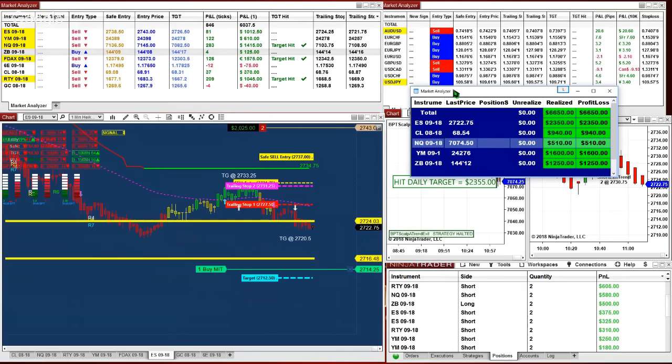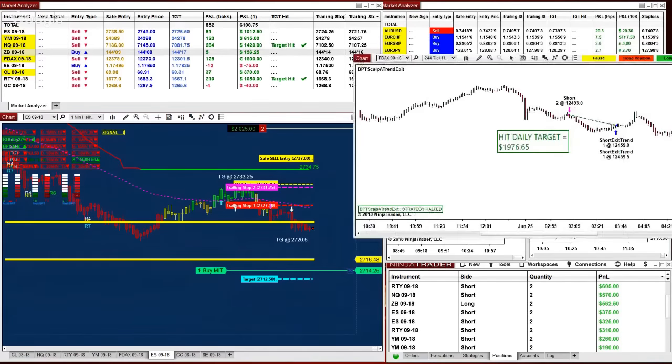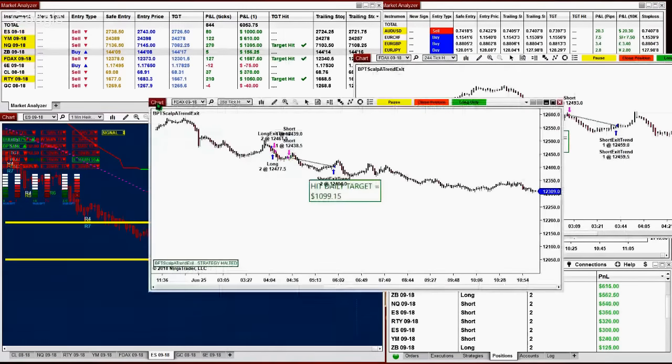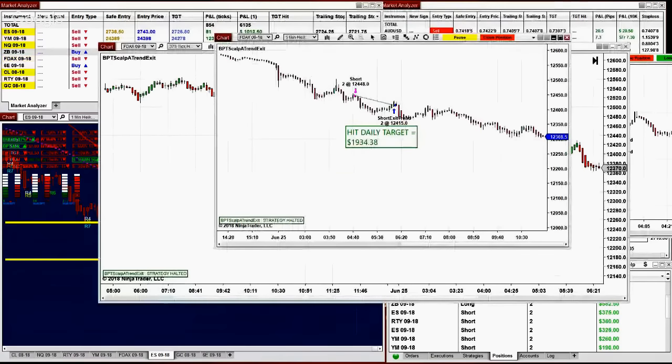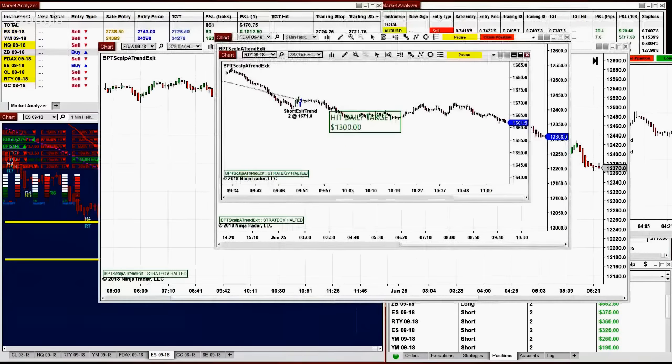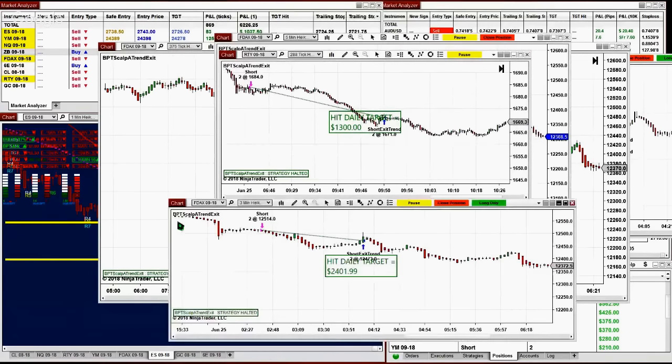Another indication, whether you are using our system or somebody else's system, one of the indications that today is a good day: I always keep my eye on the DAX. Mainly when I see the DAX hit their target in one trade, then I know for sure we are going to stay nicely and smoothly all day long, most of the time.